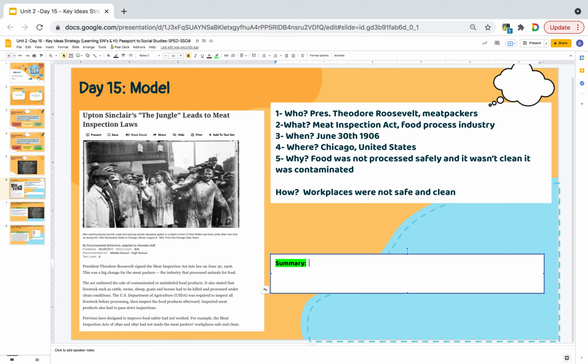Keep in mind that your summary may not come until the very end of the text, but because we're modeling with a short version of a text, I'm going to go ahead and write the summary for this part of the text that I just read.